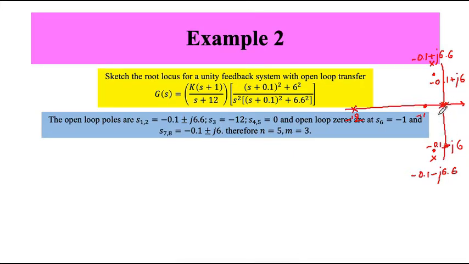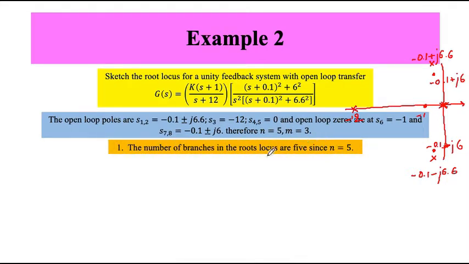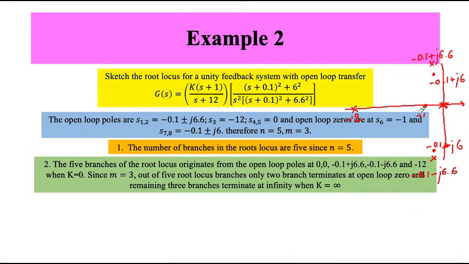Since we have 5 poles, the number of branches of the root locus will be 5. The 5 branches originate from these poles at k equals 0; 3 of them will terminate on these zeros and 2 will terminate at infinity.